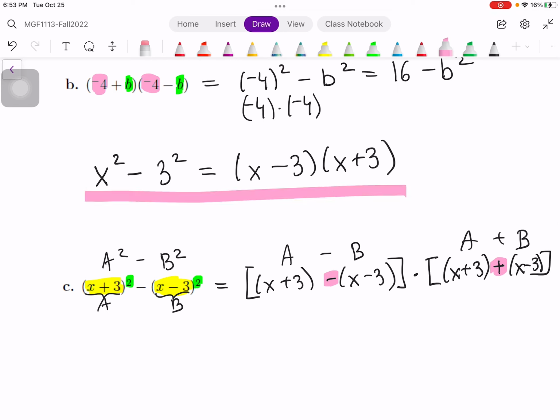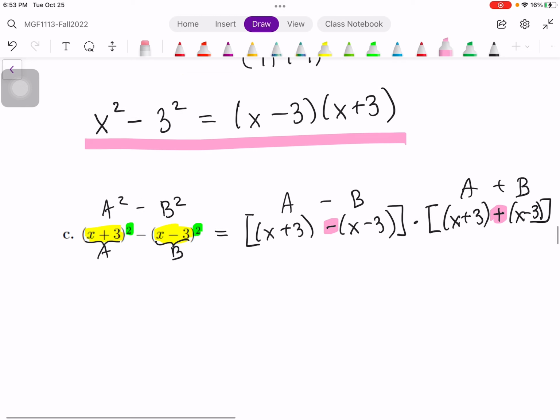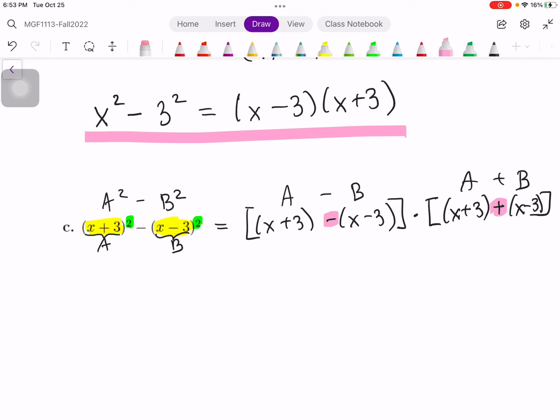With difference of squares here, x squared minus 3 squared was less complicated. Now our a is x plus 3 and our b is x minus 3. But nevertheless, this will help us simplify it because now I can subtract it. So subtract this one, x plus 3 stays the same because there's no minus or number in front of this parenthesis. Here we will distribute minus, minus 3 will give me positive 3.